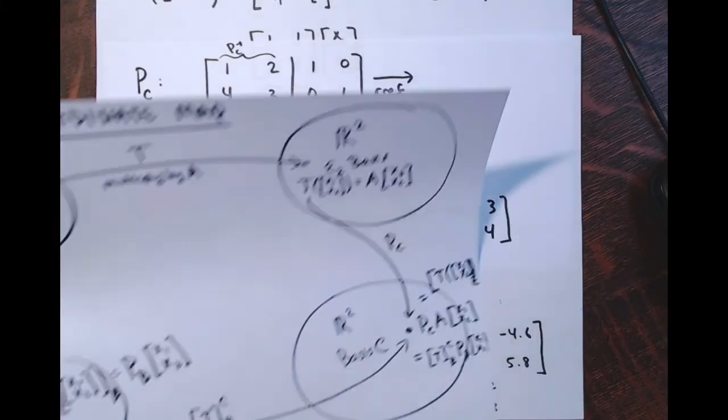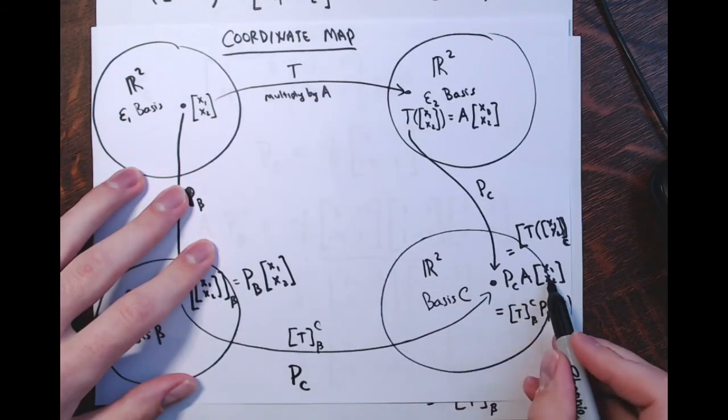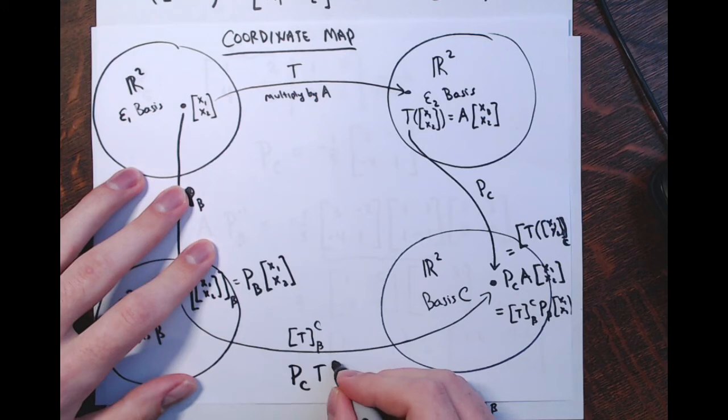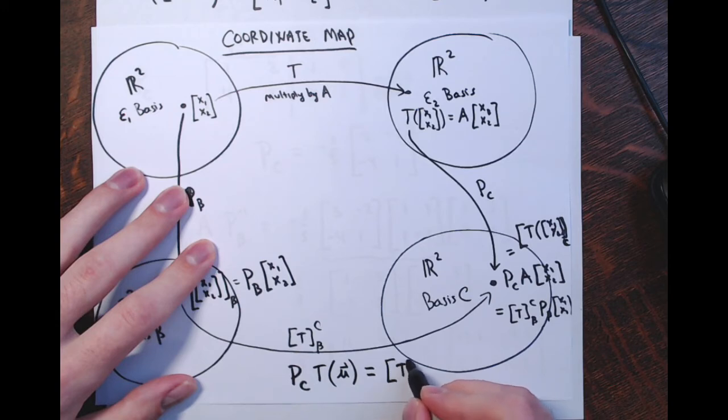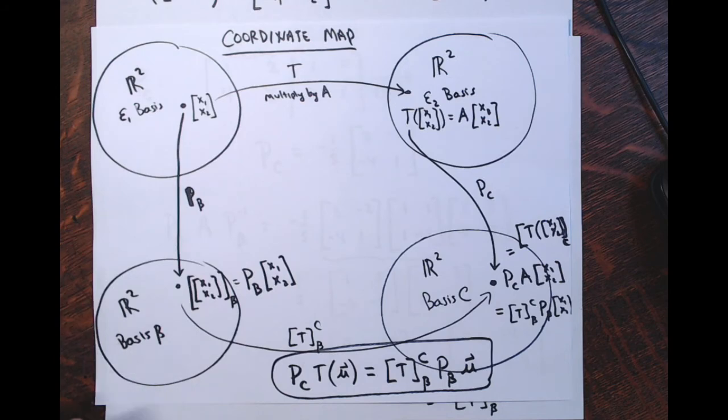Again, what I've written here, PC times A times the vector is T of the vector, that will be equal to the matrix representation times PB times the vector. That's what they're saying. They should be equal. So for parts A and B, you should get the same result.